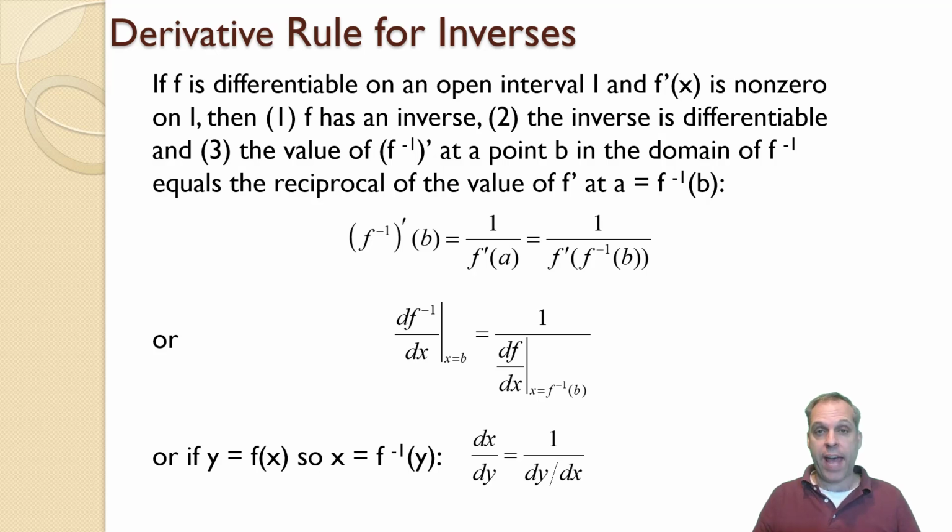So the derivative of x, the inverse function, in terms of its input y, so dx over dy, has to equal 1 over the derivative of the original function, which would be the derivative of y in terms of x. Notice in Leibniz notation, it says that the dy and dx can be flipped, and it seems to be okay. This is only true, though, if the function is invertible in the first place.